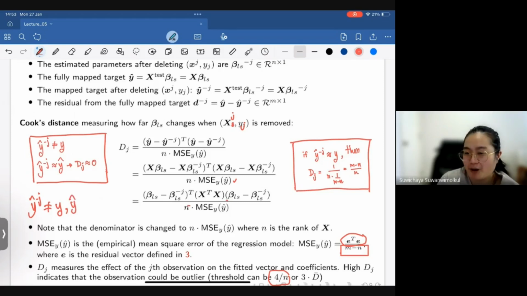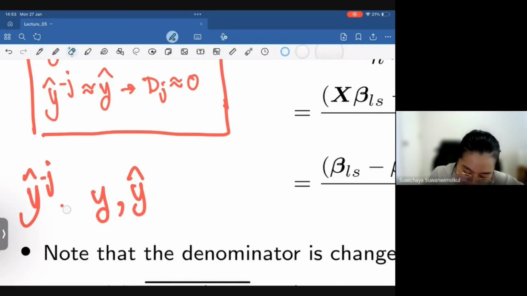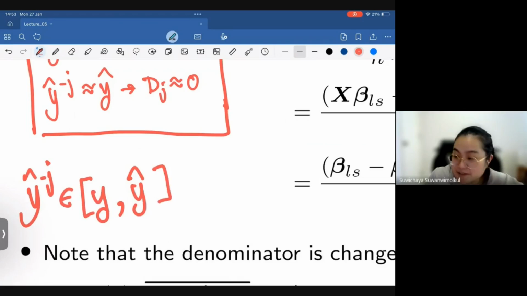Is that possible? I'll put it this way. There are reasons why y hat superscript minus j in this situation has to be a value that is somewhat in between y and y hat.